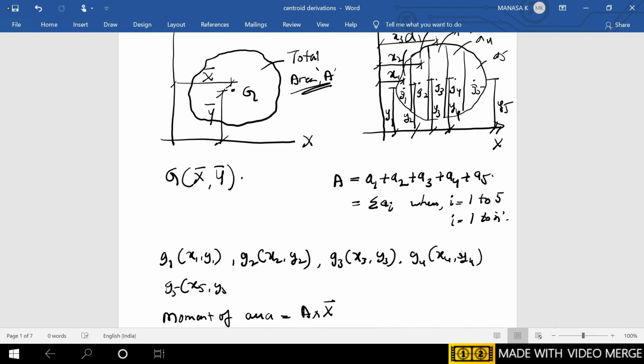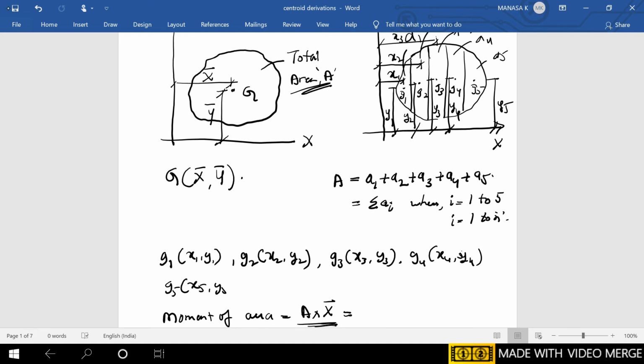As per the first principle of moment, the moment of the total area, that is area into perpendicular distance about the y axis, is equal to the sum of the moment areas of all the individual strips about the same axis.